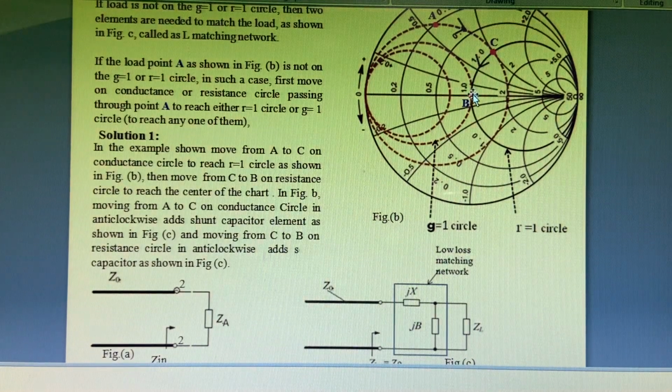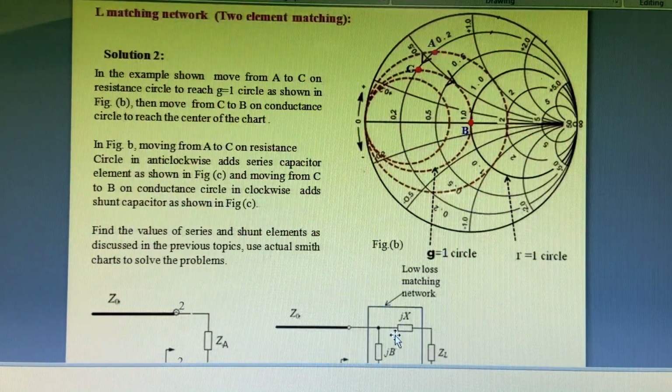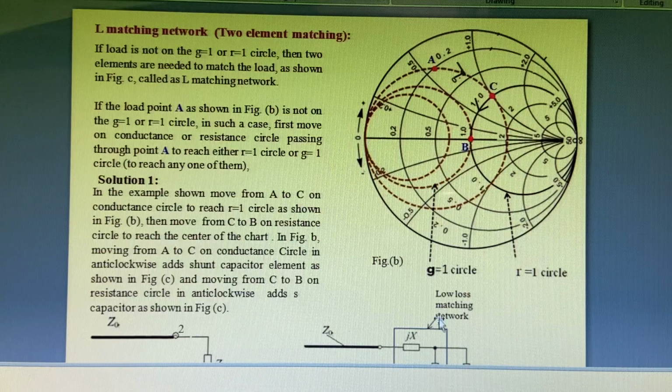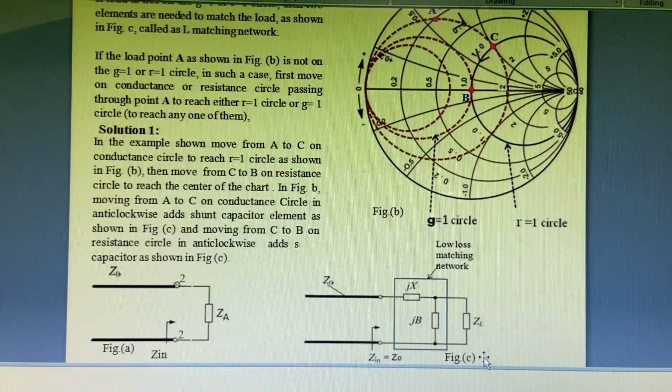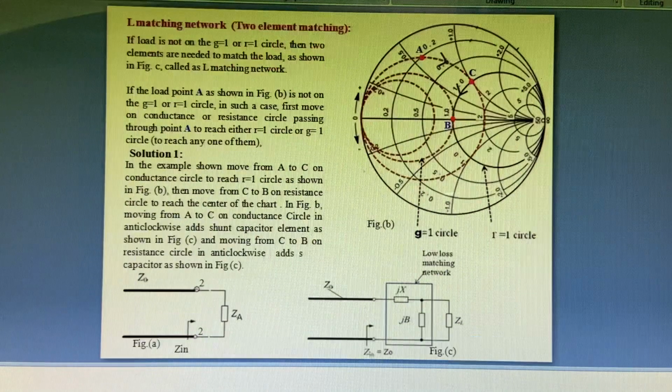That adds the capacitor in series like this. So now the normalized impedance is equal to 1, or the input impedance is equal to Z0.